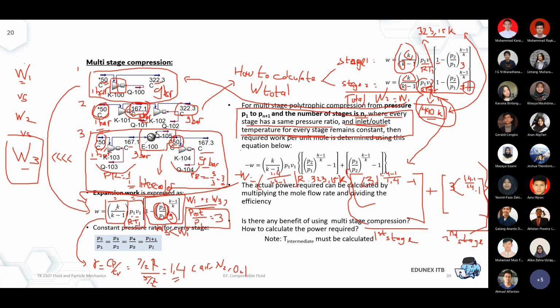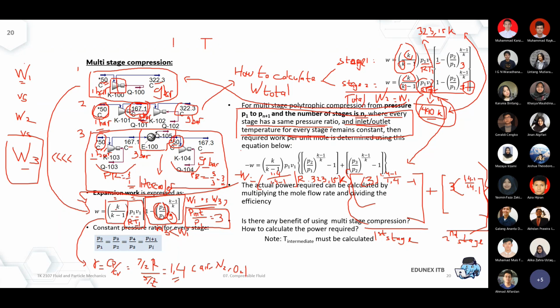Okay, so it's very common to have multi-stage compression, but don't forget to install the intercooler. Okay, why? You already took advantage of the smaller compression ratio, but don't forget to take advantage of the lower temperature of a compressor. That's a very, very important characteristic.